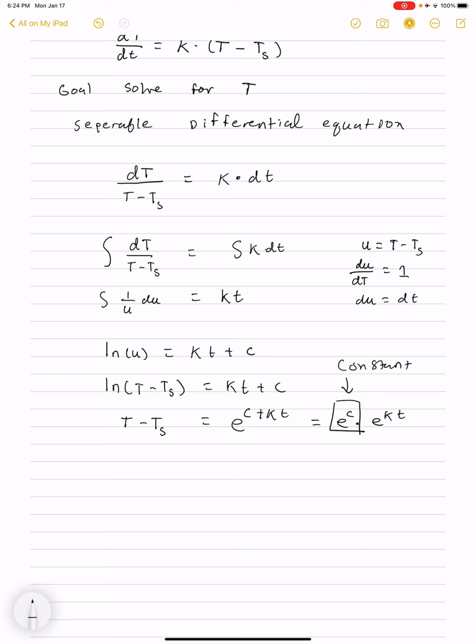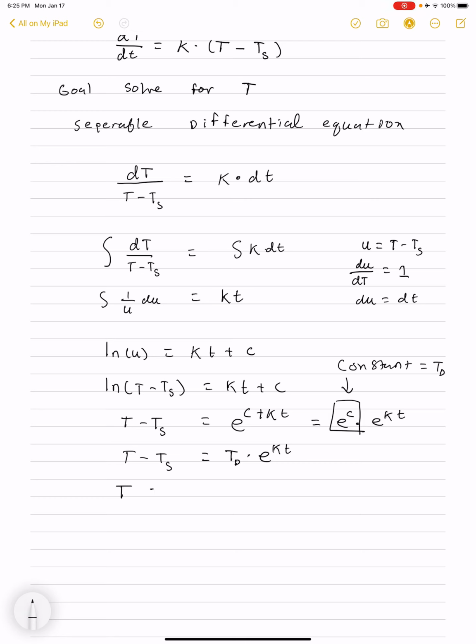Okay, so we're going to write this as T sub d times e to the kt, and this is T minus T sub s. Here this constant, T sub d, is going to be e to the power of c, in case you're wondering where that T sub d came from.